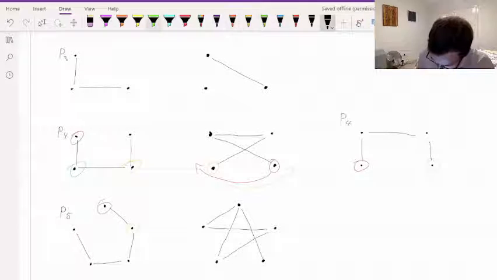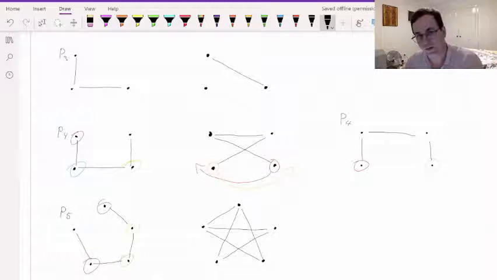Now we go green vertex, already done one connection, just missing that one there. Our purple vertex, right? We have two connections which you've already completed, and then the last one is already done. So that's our complement for P5.